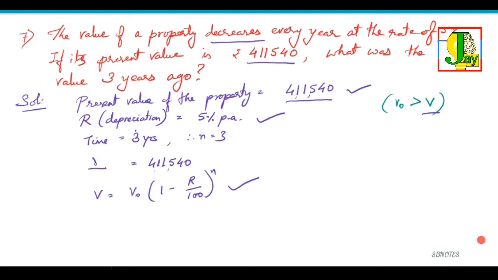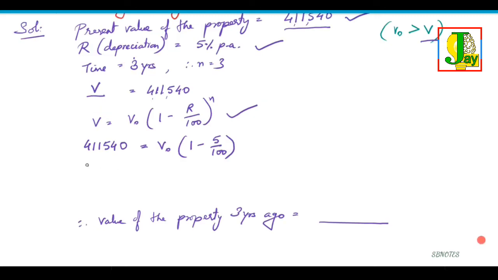So we have V equals to this. Now the initial one was more. We just put the values now. 4,11,540 equals V naught into 1 minus 5 by 100. 5 goes 20 times, so 20 minus 1, we have 19 by 20.